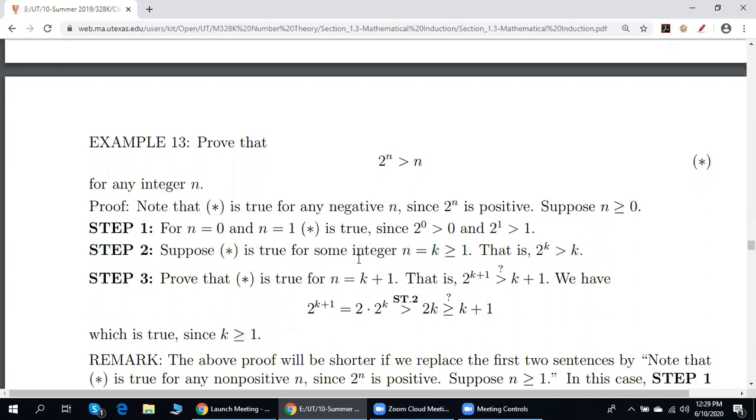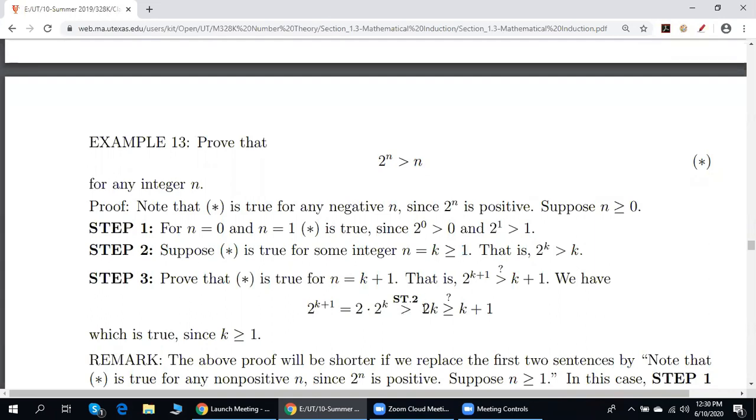This is why in step 1, we need n is equal to 0 and n is equal to 1. Indeed, if in step 1, we show that this is true for n is equal to 0 only, in step 2, we'll have to put 0 here.